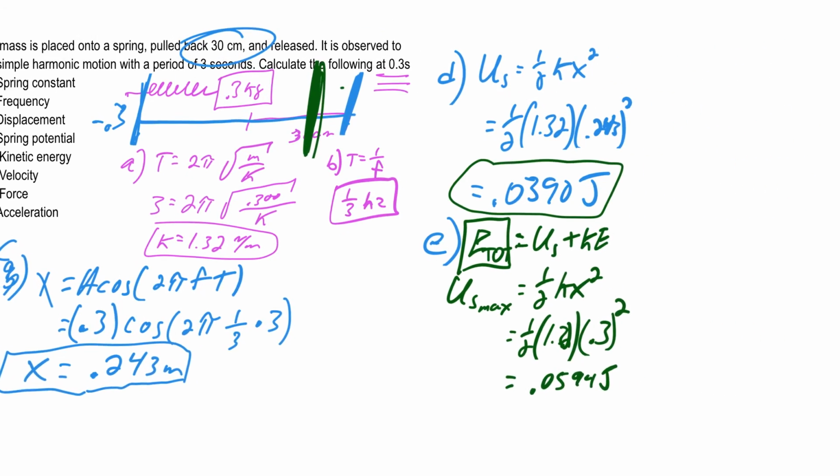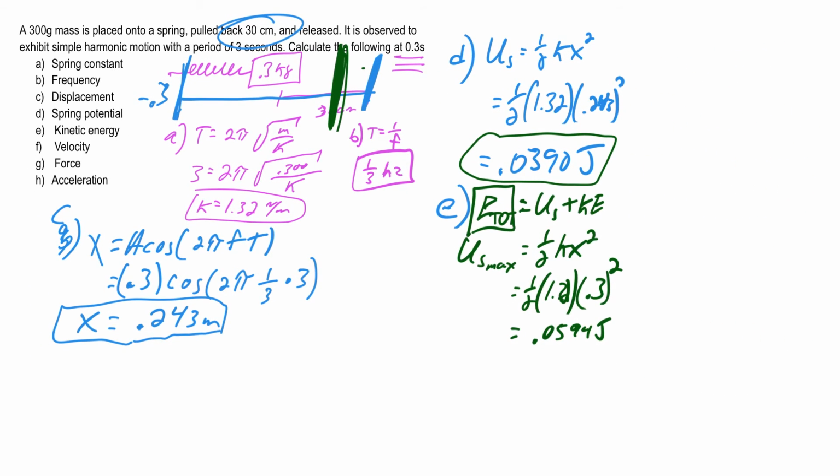All right, and so again, some of that gets turned into spring potential, some of it gets turned into kinetic. So we just found the amount of spring potential. So our E total, we just got 0.0594. And our spring potential, we just got to be 0.039.